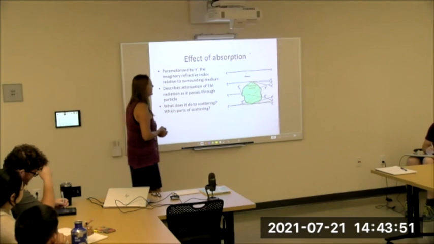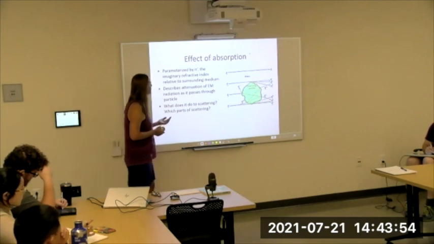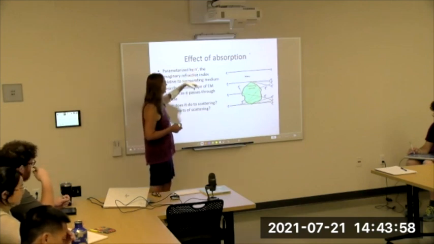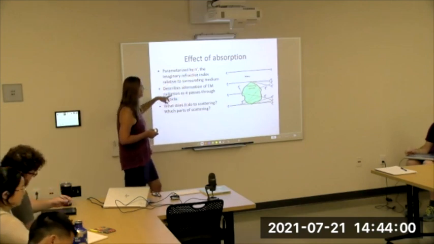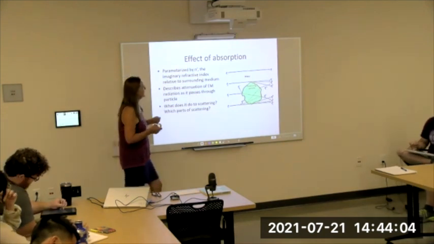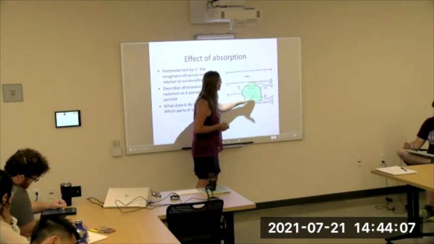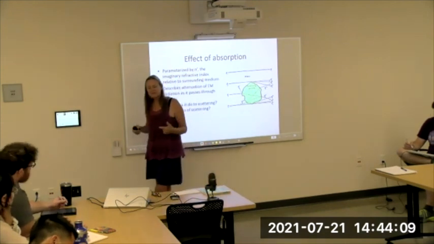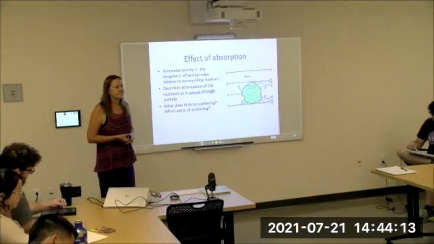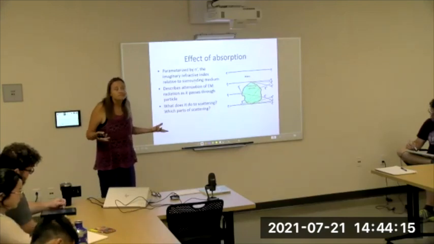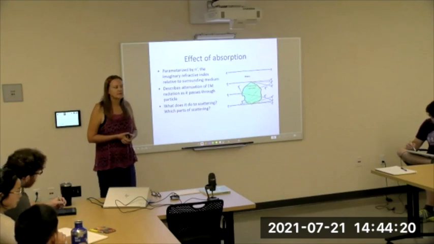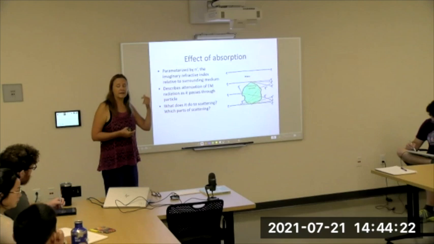So what about particles that absorb? So we have the imaginary index of refraction, which they call n prime, relative to the medium. Ooh, that should be an m. And so you can imagine that we have some of this light penetrating into the particle. And if it penetrates into the particle, what's going to happen to it? It's an absorbing particle. Some of it's going to get absorbed, right? And if it gets absorbed, we're done.